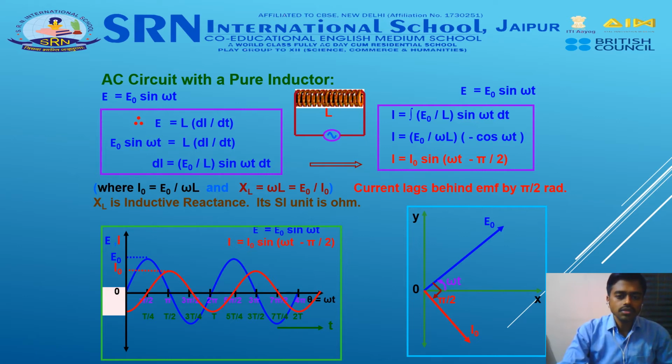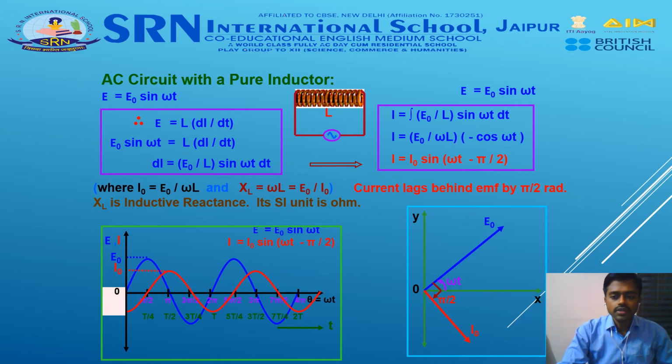It means if the value of current is 0, EMF will be at 90-degree phase angle. With the help of the wave diagram we can obtain the same thing. Current is 90 degrees behind the EMF, and EMF starts from 0.